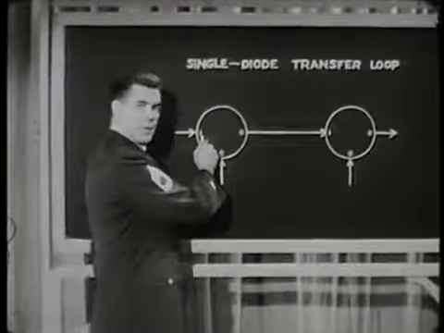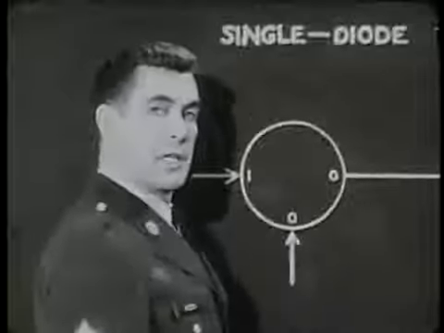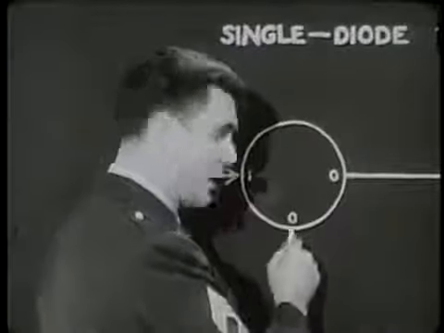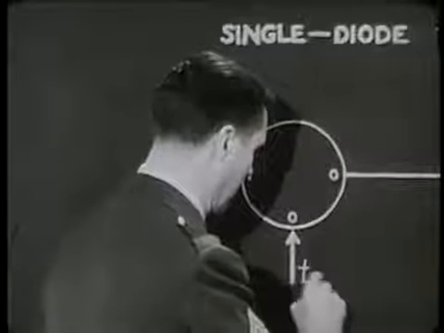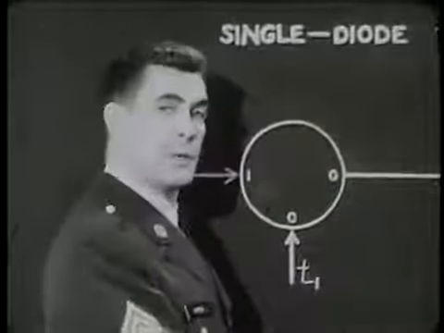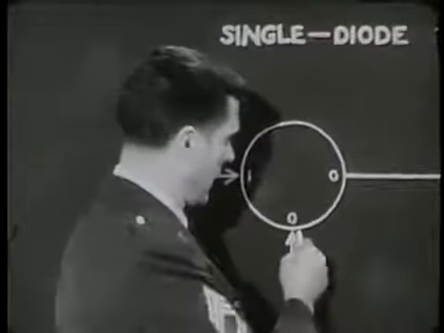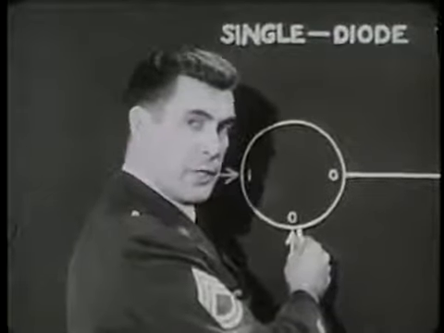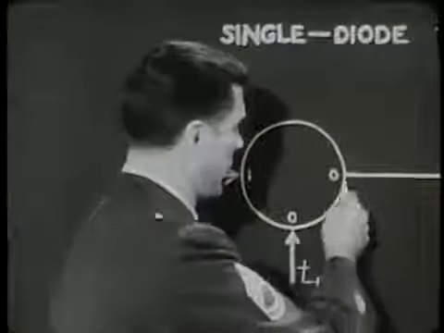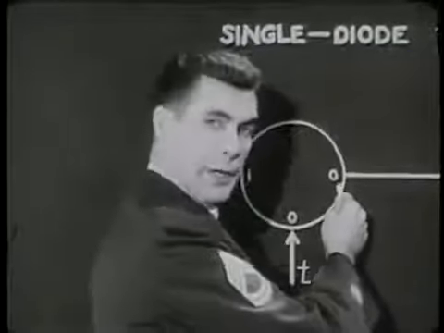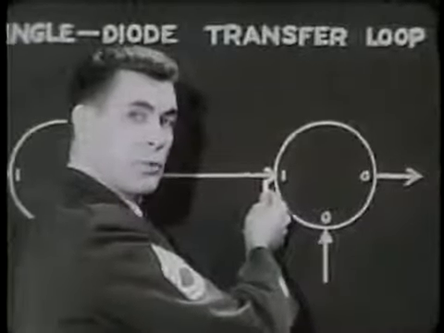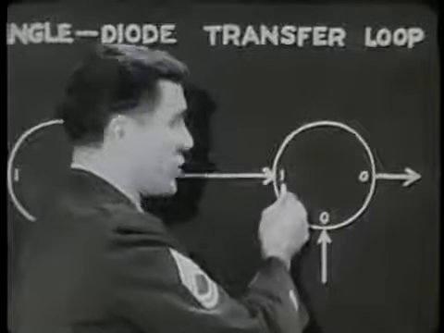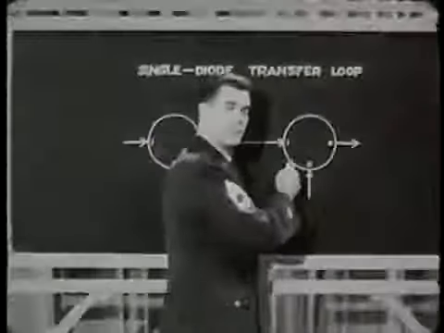The core stays at 1 until a shift pulse comes in at time T1 and switches the core to 0. This switch induces an output pulse in the first core's output winding, which causes the second core's input winding to set that core to 1.